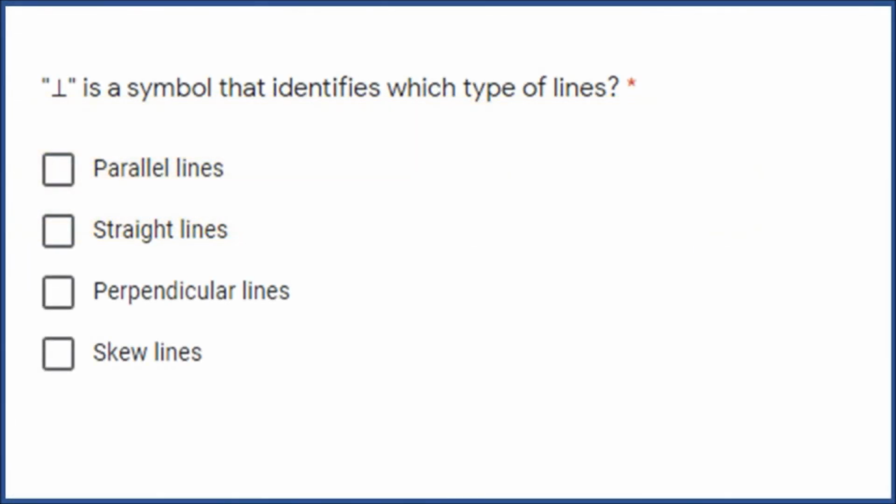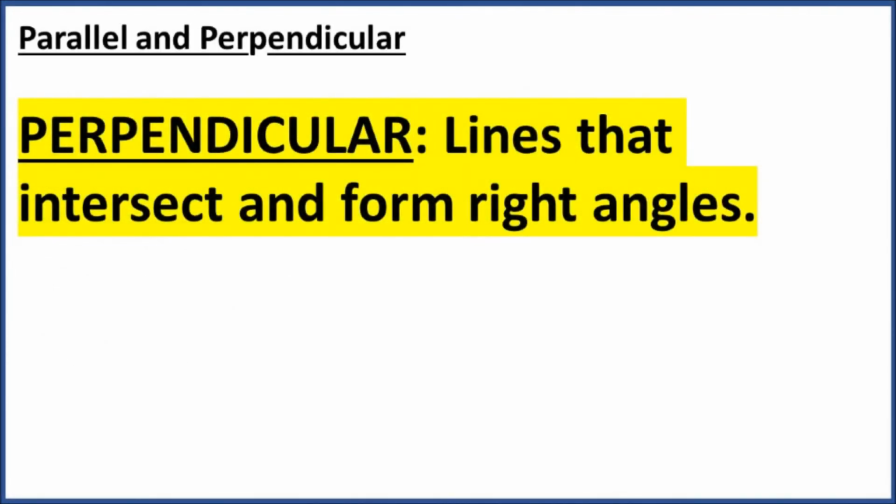This symbol here is a symbol that identifies which type of lines. Parallel lines, straight lines, perpendicular lines, or skew lines. The answer is perpendicular lines. This symbol shows lines that intersect and form right angles.